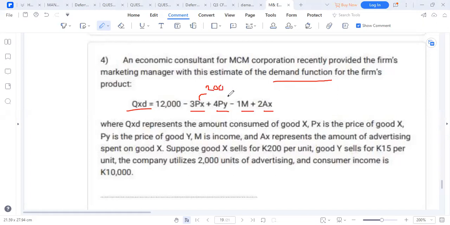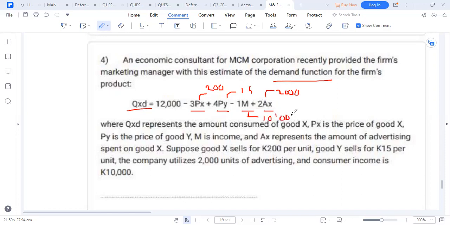The price of Y was 15 kwacha. Advertising was 2,000 units, and also the income was 10,000.